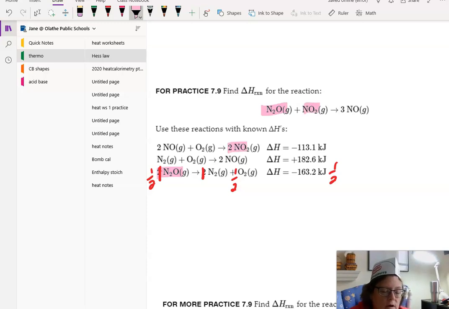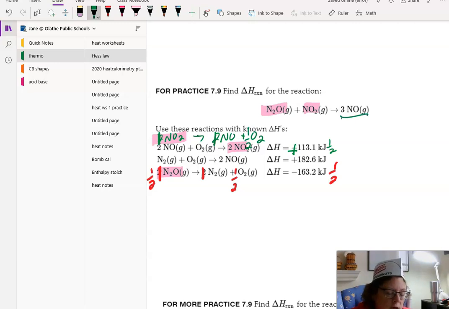NO2 here is on the product side. It needs to go to the other side. 2NO2 gives us 2NO plus O2. We've moved him around, so he's got to become positive. NO2's here, but we only need 1, so we're also going to multiply that guy by 1/2. So that gives me 1 here, and 1/2 there.